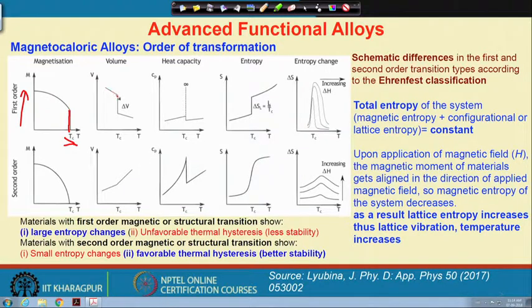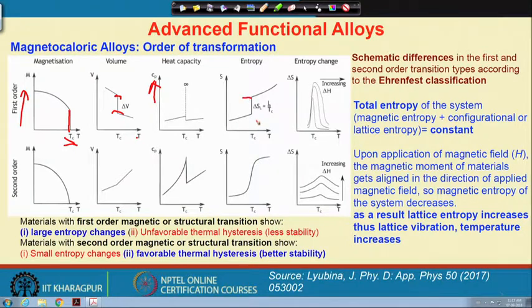The volume change also occurs sharply, with a discontinuity in the volume versus temperature plot, and Cp goes to infinity with a discontinuity here.